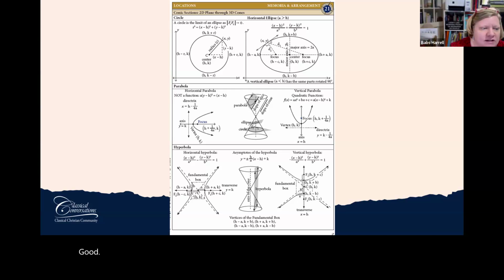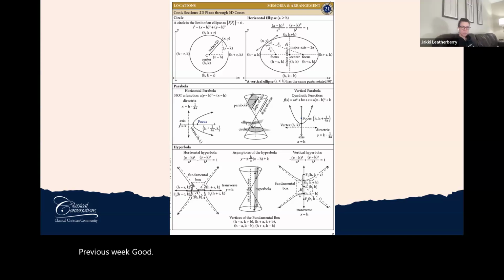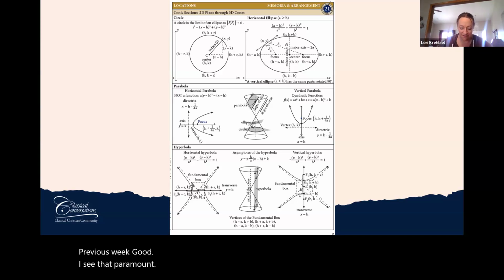Well, from previous weeks, I would know the parts of the circle, like the radius and the center. So that would be familiar. Axis. Good. I see that parabola, and that just blew my mind because I was like, oh, that's why we graph those in cones.